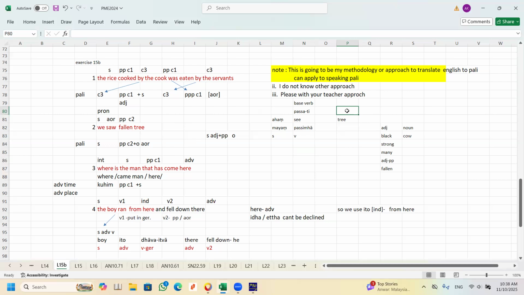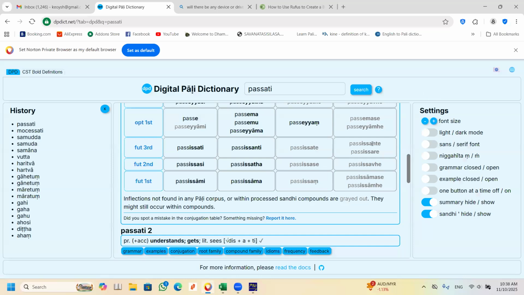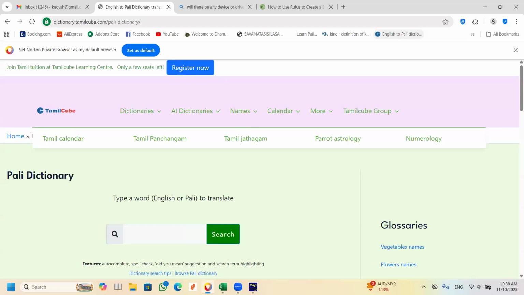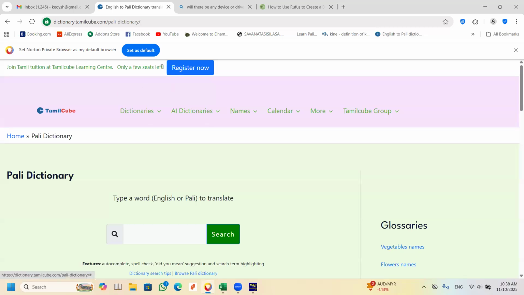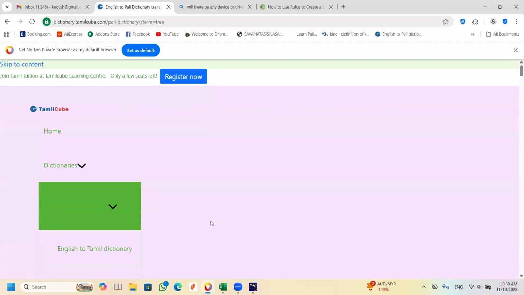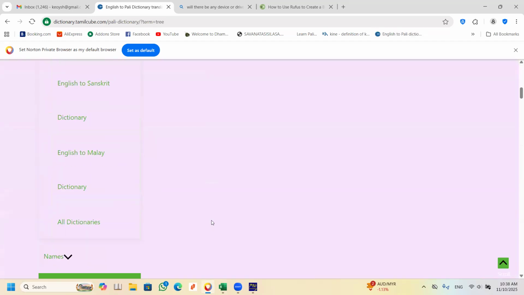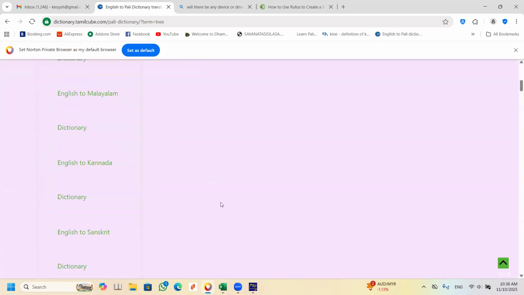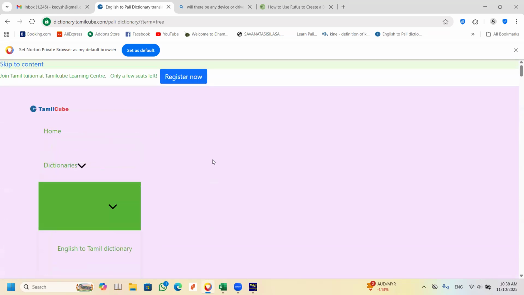Let's say you don't know where is the tree. So in this particular case, you should go to this dictionary, Tamil Cube. That means this is doing from scratch. You have to do from scratch. This is the methodology. So you are not going to do anything else.